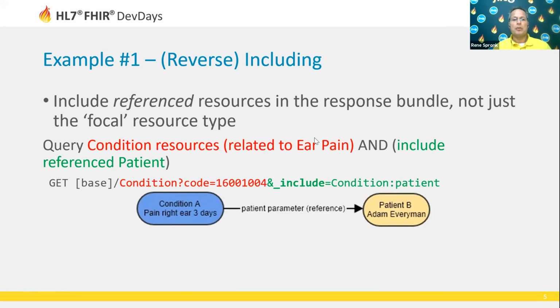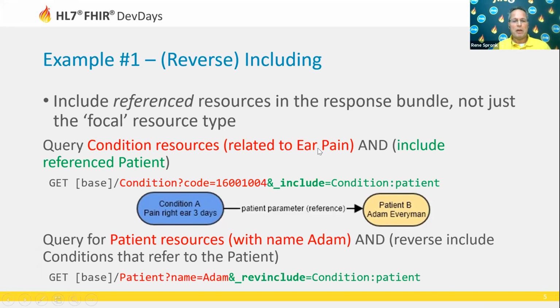The alternative is basically to start with the other resource, but that means having to go against the direction of the reference. And that's counterintuitive, so most people actually don't like that. But it will work just fine out of the box, because you could do a get, give me all patient resources where the name is Adam, and reverse include, because we're going against the direction of the reference.